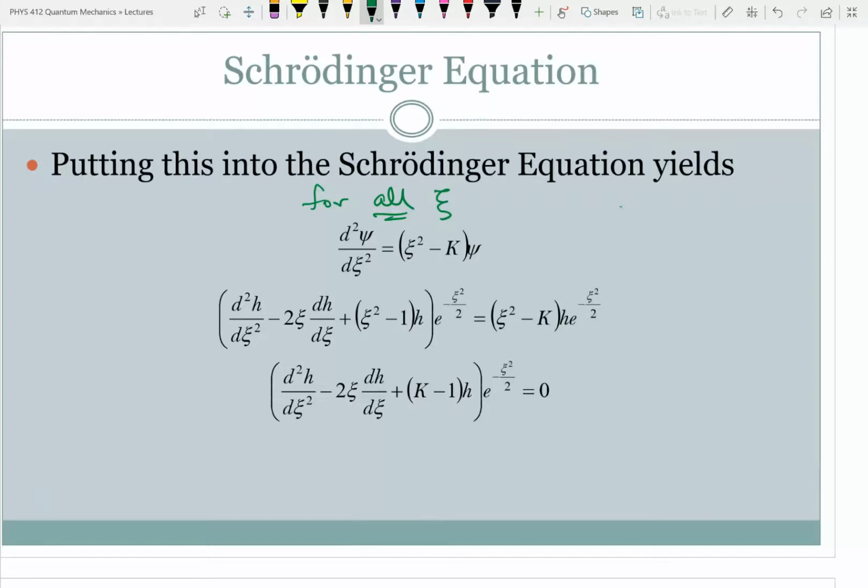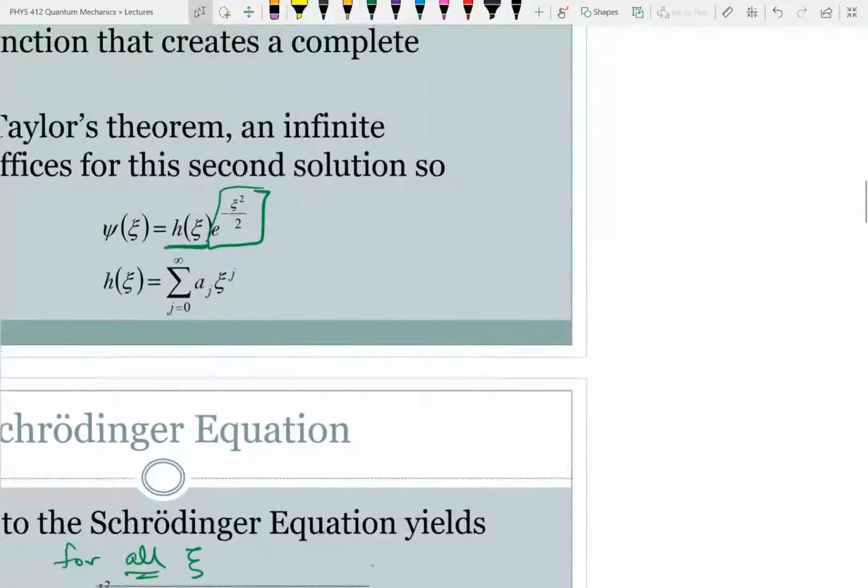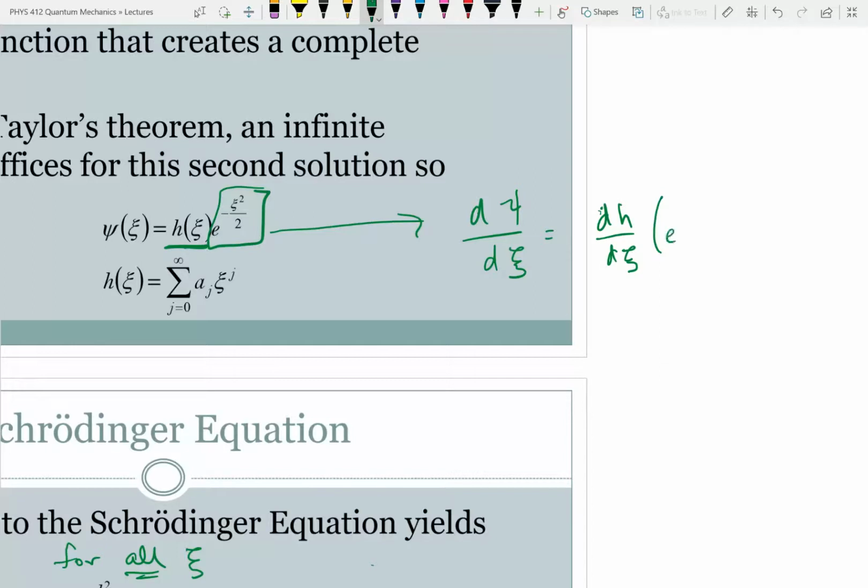Let's do that over to the side. If this is psi, then the first derivative of psi with respect to C, doing the product rule.